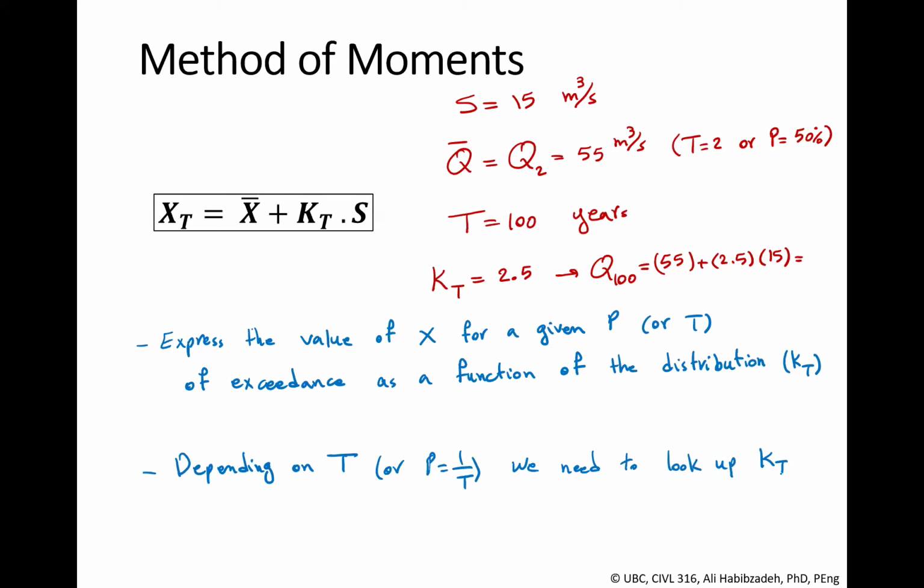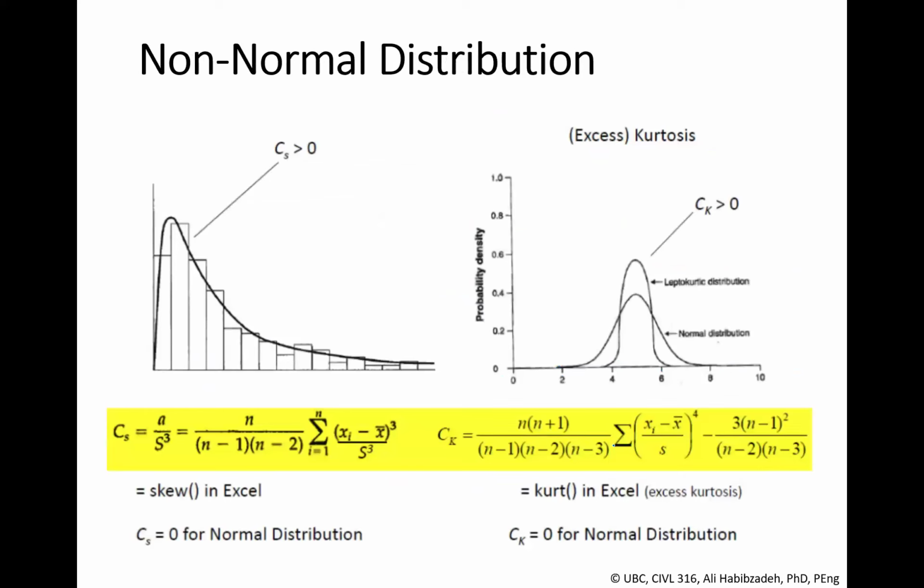Okay, before we get into applying this to actual data in an example, a couple more things. First of all, the normal distribution is not the only type of distribution that we have. As I said, it's very common, especially for natural processes. Most natural processes follow a normal distribution, but not all.